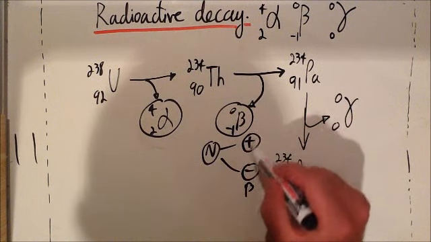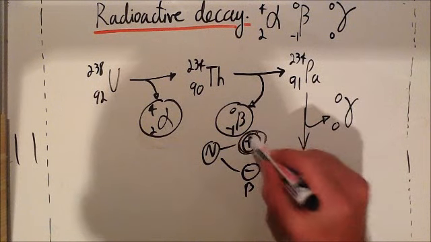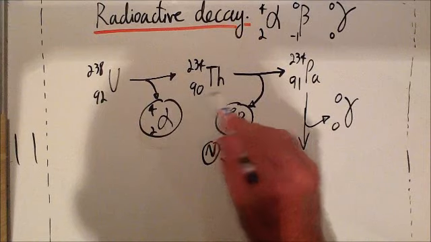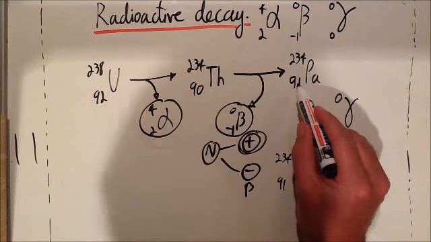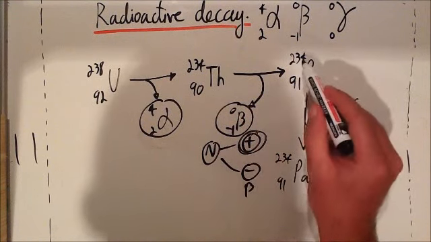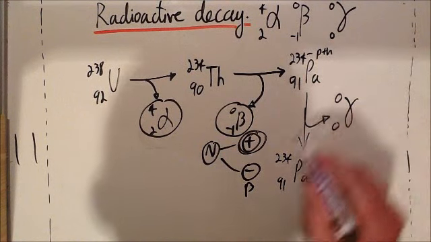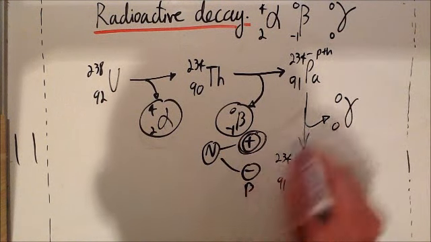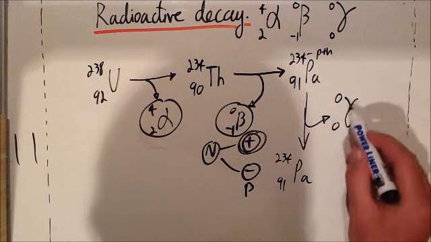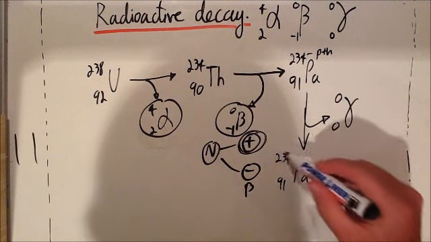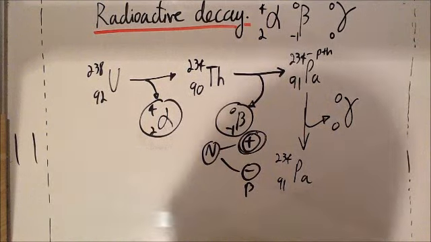Then the atomic number, because we've got an extra proton here, goes up by 1, as you can see between the 90 and the 91. Mass number remains the same because the mass number is protons plus neutrons, and all we've done is exchange one for another. And then gamma, when gamma radiation is given off, the mass number and the atomic number remain the same.